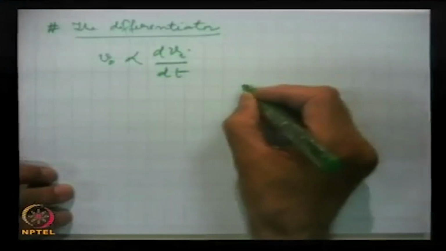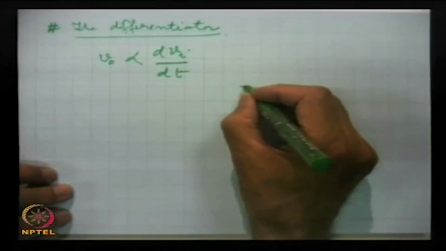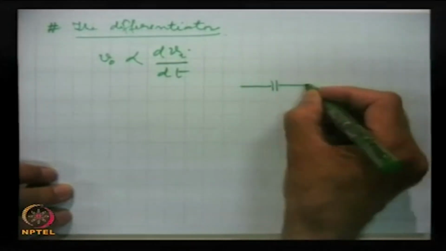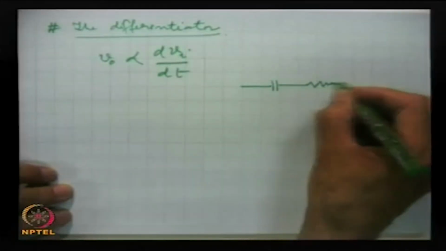And this can again be realized with an inverting amplifier. In the inverting amplifier, if the resistor R1 is replaced by a capacitor, then the circuit works as a differentiator. So, this is the circuit.